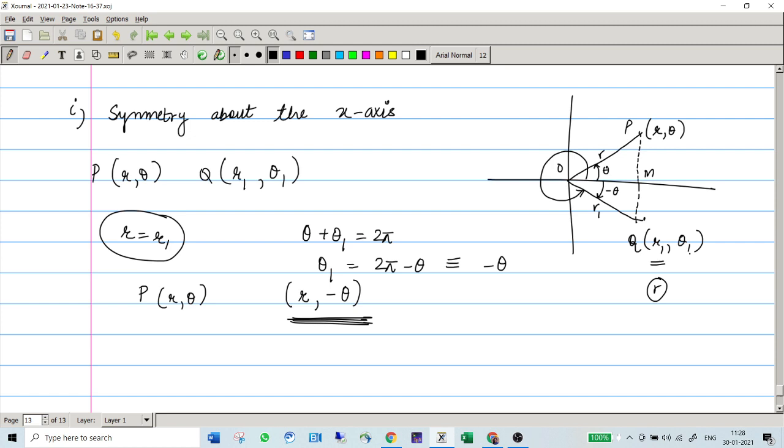Next up, we want to talk about theta 1 as well. How is theta 1 related to theta, or even r if it can be? If P is theta units above the x-axis, you should have Q be the same units below, in the opposite direction of the x-axis.